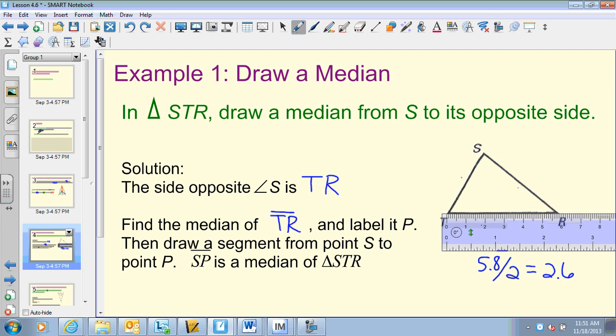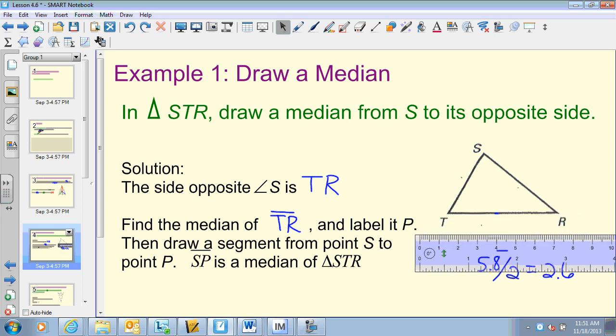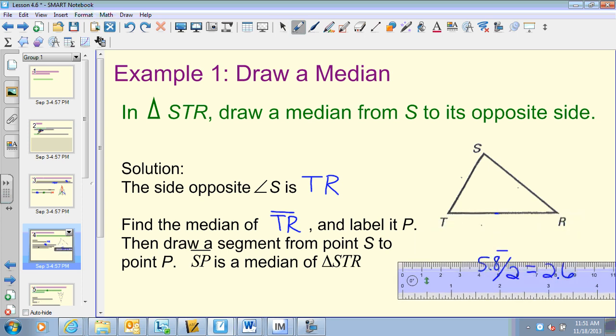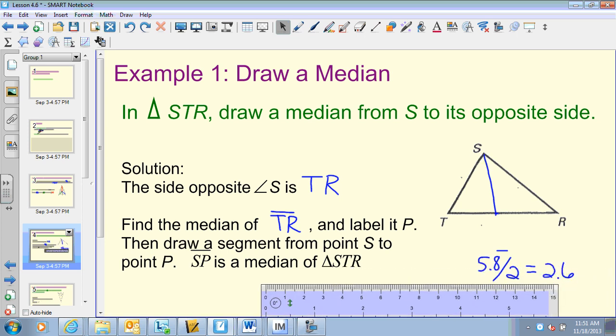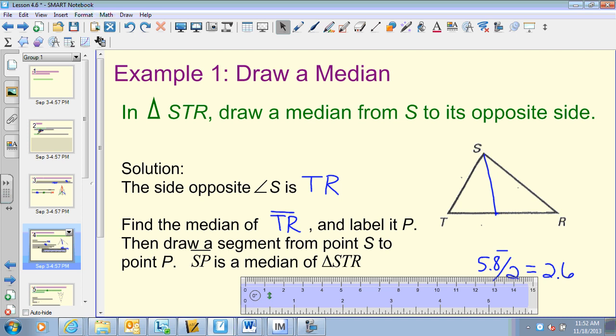So I'm going to draw my median in to the point 2.9, which is right about there. I'm going to get rid of my ruler and draw in that median. I'm not sure how to delete my ruler, so we'll just leave it there on the screen. We draw on that segment, and now we label this as P, so that means SP is a median of triangle STR.